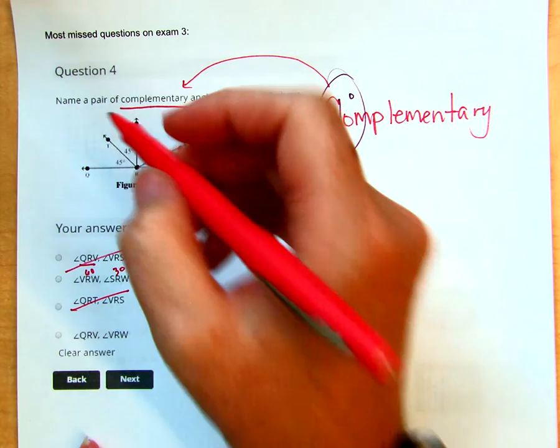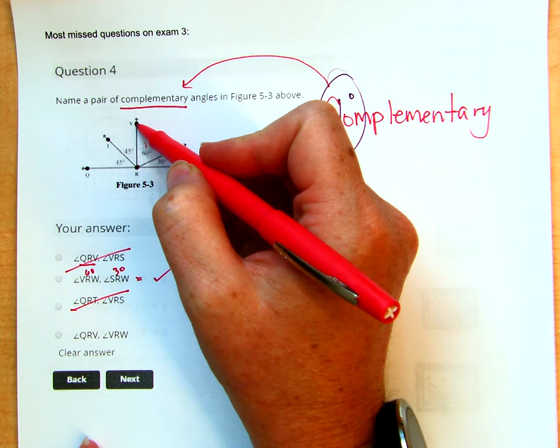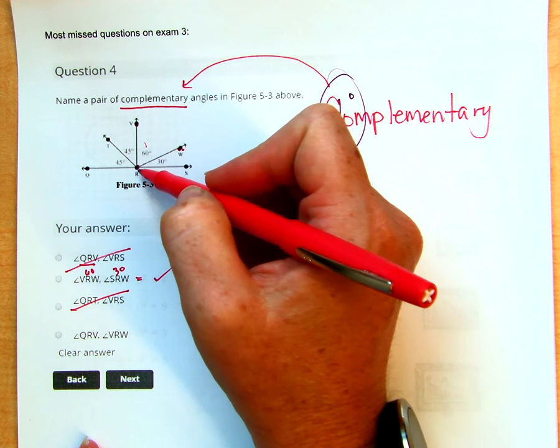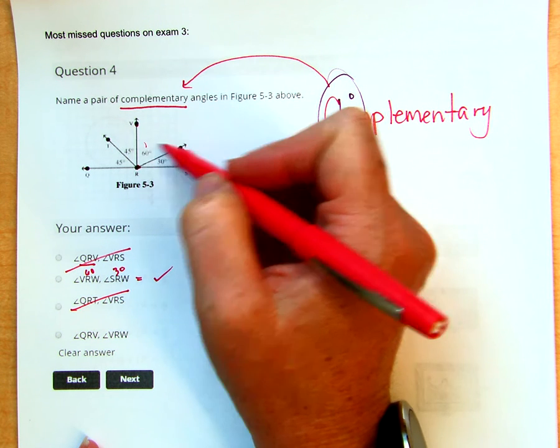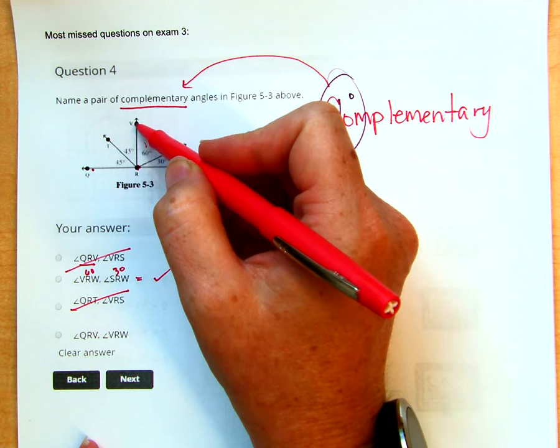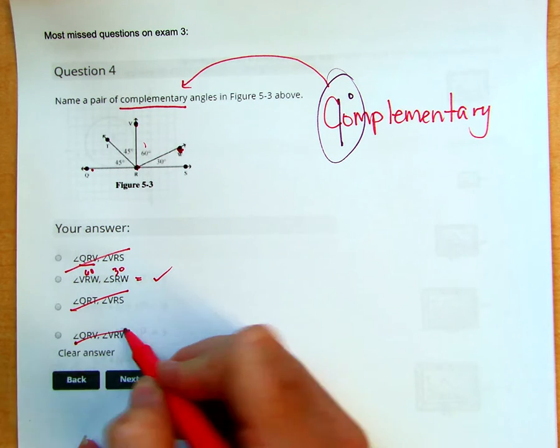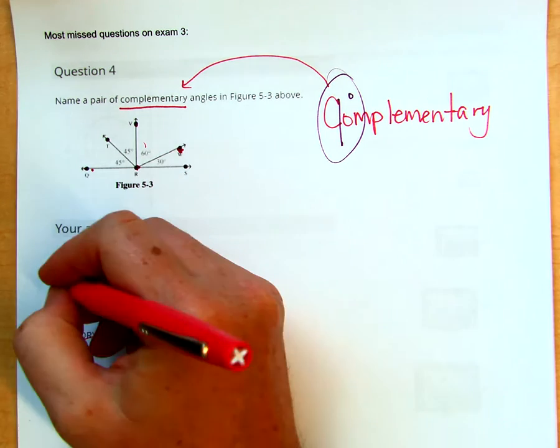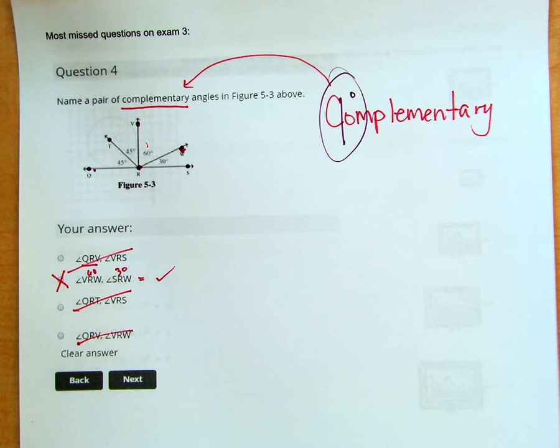And then QRV and VRW. Well, QRV all by itself is 90, so it's out. So it looks like this is indeed the pair of complementary angles, VRW and SRW.